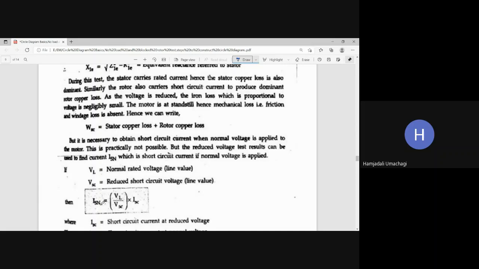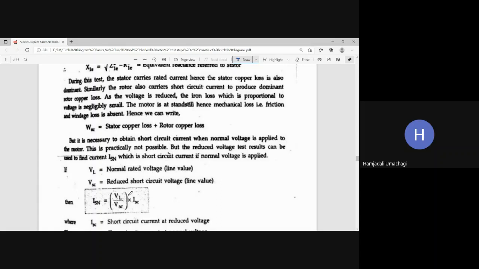This is given by the formula ISN = VL / VSC x ISC, where ISC is the short circuit current for the reduced voltage. This is how we can calculate the short circuit current at normal voltage. This formula is very important while drawing the circle diagram.